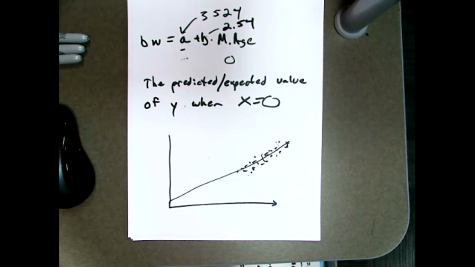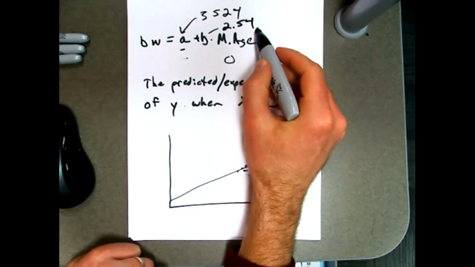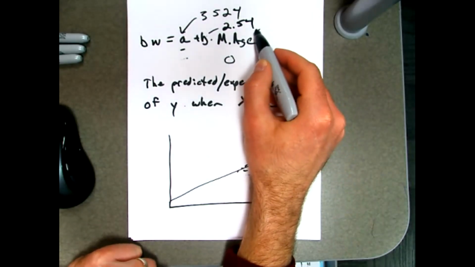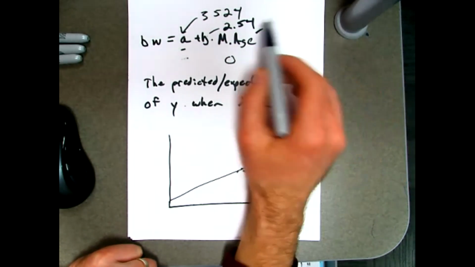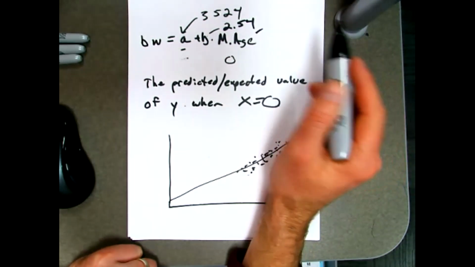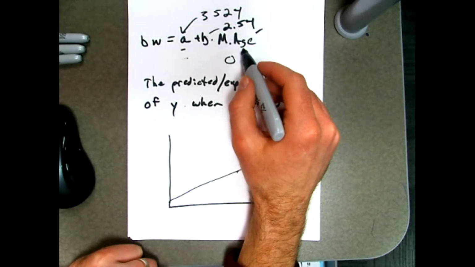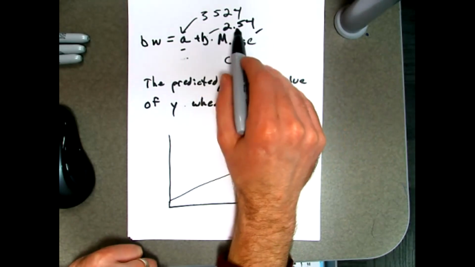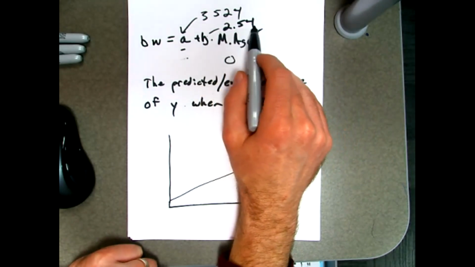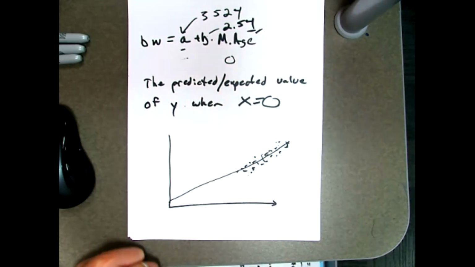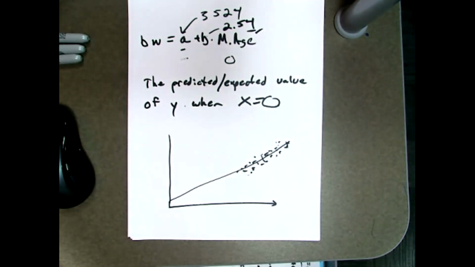Remember, for the slope coefficient, a 1-unit change in x is correlated with or changes the predicted value of y by whatever that slope coefficient is. So if a mother is 1 year older, we would expect or predict that the birth weight goes up by 2.54 grams. That's how we would interpret that slope coefficient.